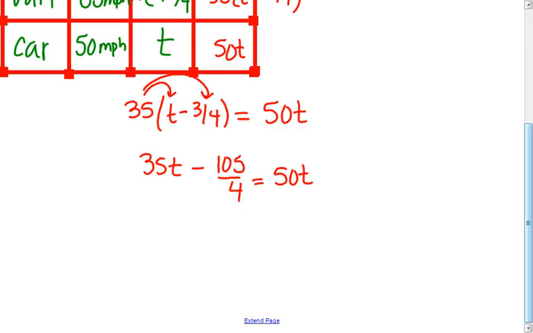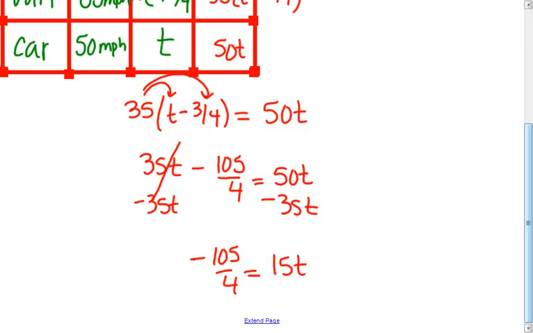Then I will subtract 35t, and I'll have negative 105 over 4. 50 minus 35 is 15t.